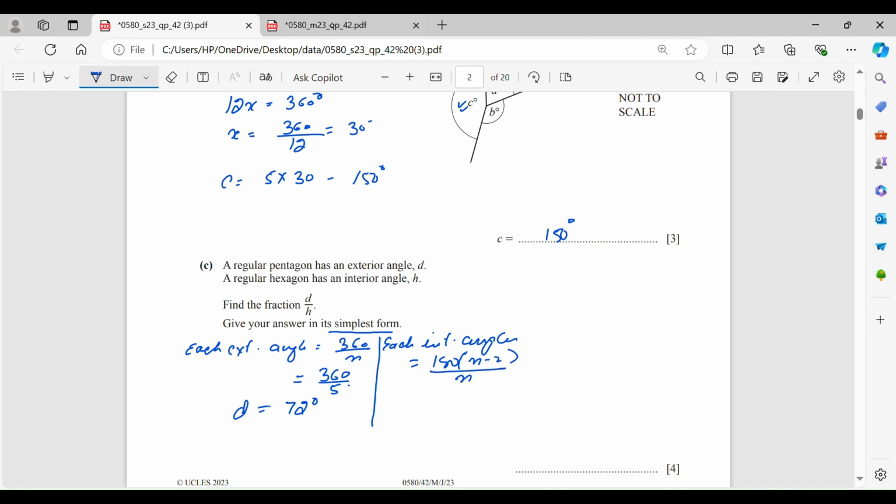So for hexagon it is 180 times 6 minus 2 is 4 over 6, which is equal to 120. So this is our h. So d by h will be equal to 72 by 120, which is equal to 3 by 5. So this is our answer in the simplest form, 3 by 5.